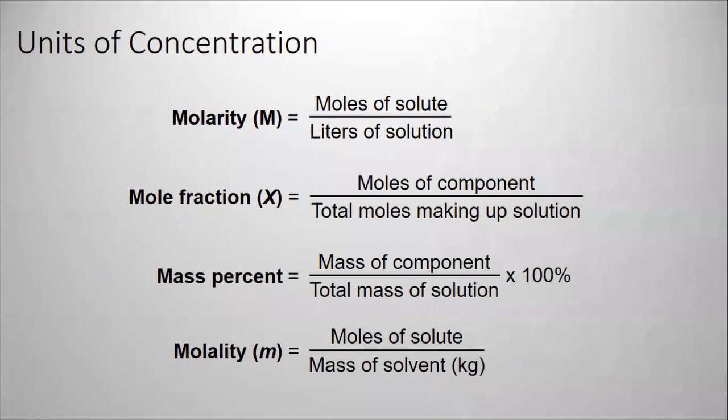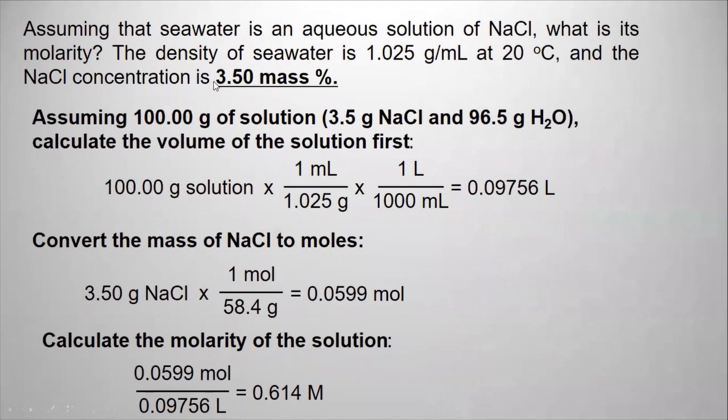So how do you interpret the mass percent? Every time it says a certain value of mass percent, that means you have this many grams in 100 grams of solution. So based on this, we have 3.5 grams of sodium chloride in 100 grams of solution. Every time you say 5% by mass, this means 5 grams of the solute in 100 grams of the solution.